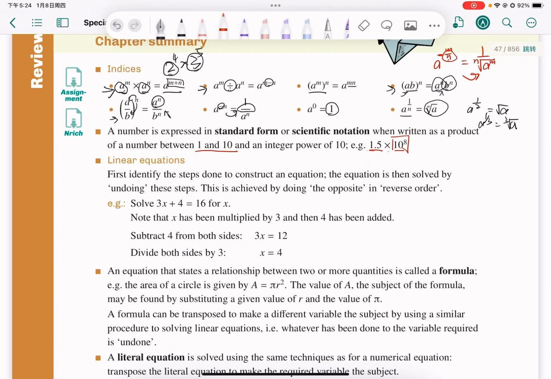Okay, so instead of writing this, we write 1.5 and then to the power of 8.